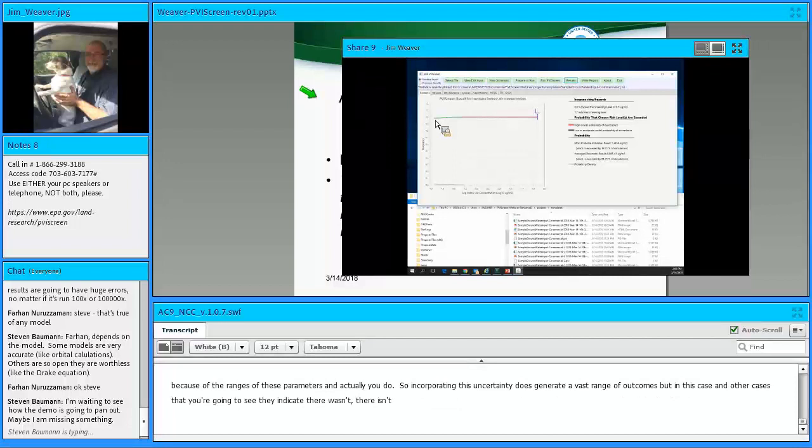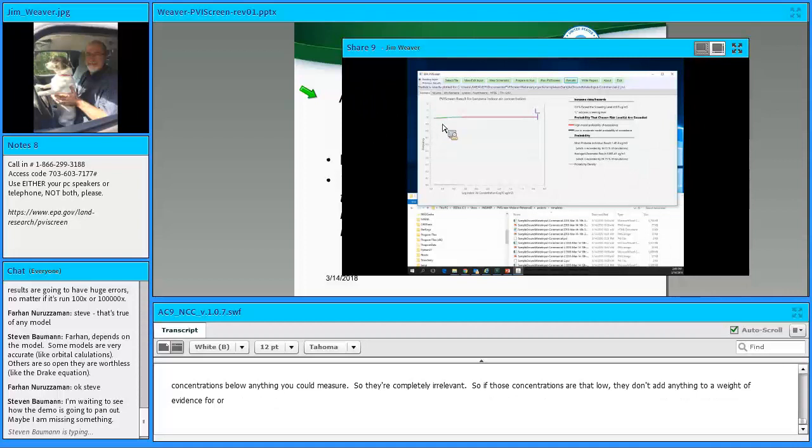Even if it does, a lot of the range of the outputs from the model are concentrations below anything you could measure, so they're completely irrelevant. So if those concentrations are that low, they don't add anything to a weight of evidence for or against vapor intrusion, so they are irrelevant.